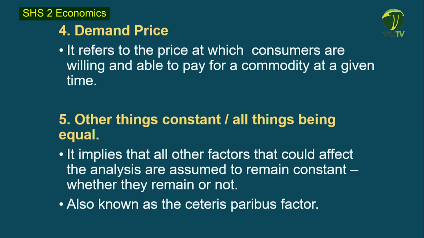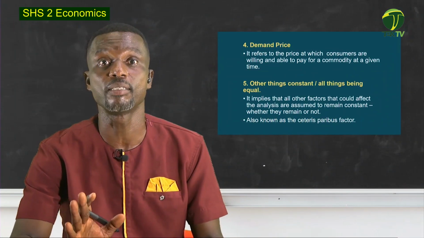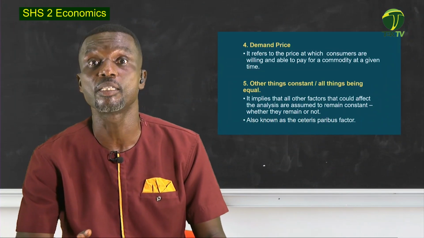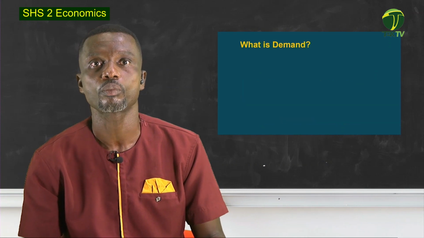They may even not remain constant, but we assume that they should remain constant. And so we call it the ceteris paribus factors. It's a Latin word, so forget about that. In English, you can simply say other things constant, or all things being equal.